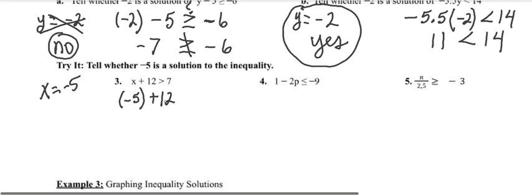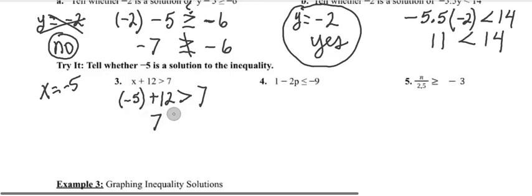So how do I write out the rest of the problem? Plus 12, greater than 7. Yes. Now we have to do the math on the left side. What is -5 plus 12? Positive 7.